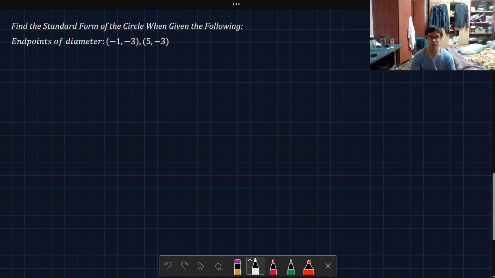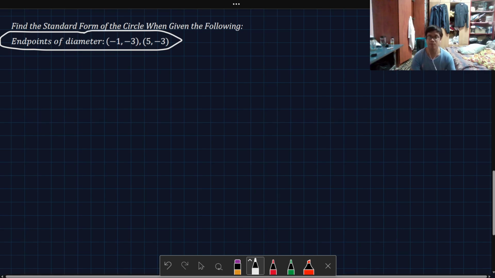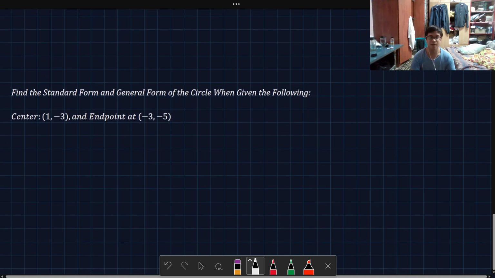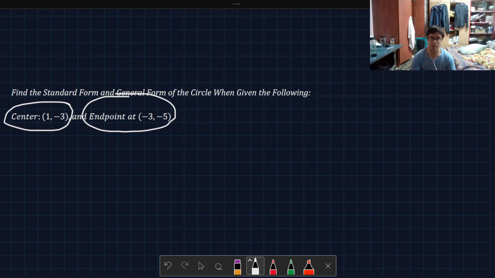Let's say we only have the endpoints of a diameter. Then here we have a given center, which is a good thing, but we have only an endpoint, so the radius is not given.